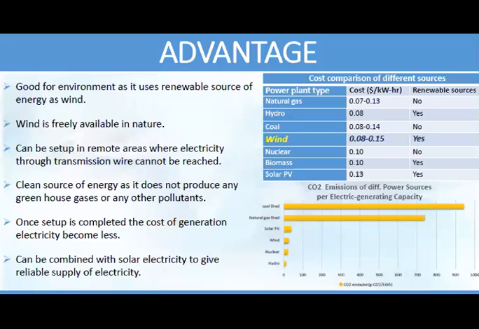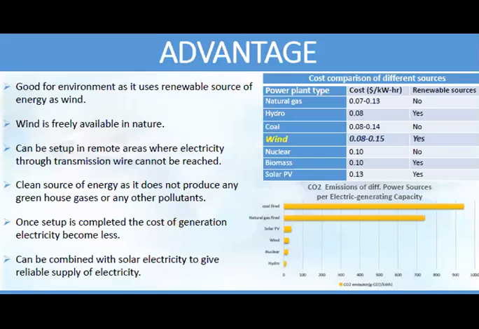So the advantages of wind turbines are that they are very good for the environment as they use a renewable source of energy, wind, and wind is freely available in nature. They can be set up in remote areas where electricity through transmission wire cannot reach. This is a clean source of energy as it does not produce any greenhouse gases or other pollutants, so it is not harmful to any human being or any culture.